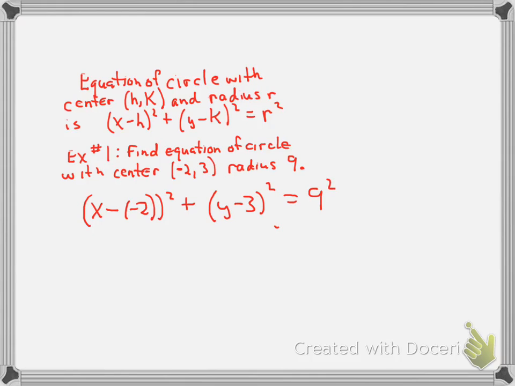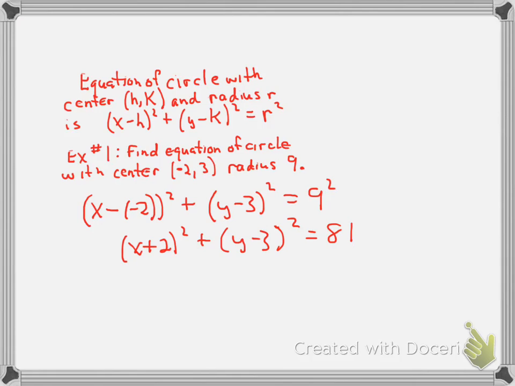That would be 9 squared. We can clean that up a little bit. That's (x plus 2) squared plus (y minus 3) squared equals 81. And that's all there is to it. We've come up with the equation of the circle.